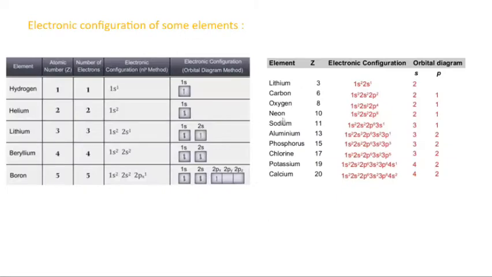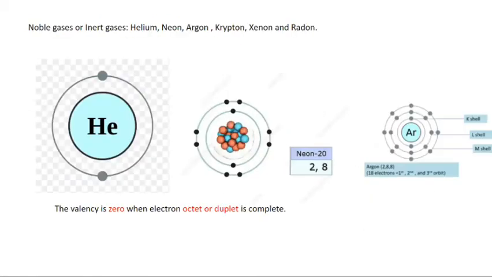Now for neon. Neon has 10 electrons and 10 protons. So 10 protons are present here in the nucleus part, what about 10 electrons? Do they stay together? No, because in the first shell only 2 electrons are possible. So 2 electrons are present in the first shell.